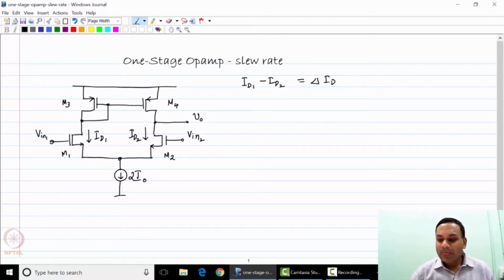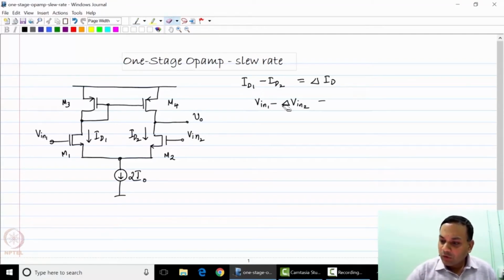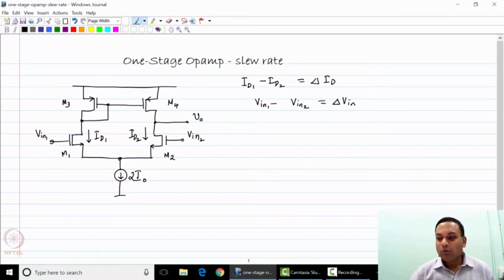I want to find this as a function of the differential input voltage which is applied, which is V in 1 minus V in 2, that is delta V in. So in other words, I want to plot ID1 minus ID2 as a function of V in 1 minus V in 2. Now to do that, I need to first calculate analytically ID1 and ID2 or the difference as a function of the input voltages.